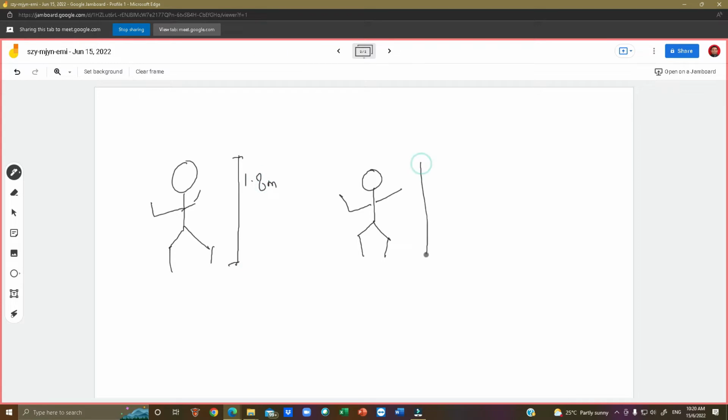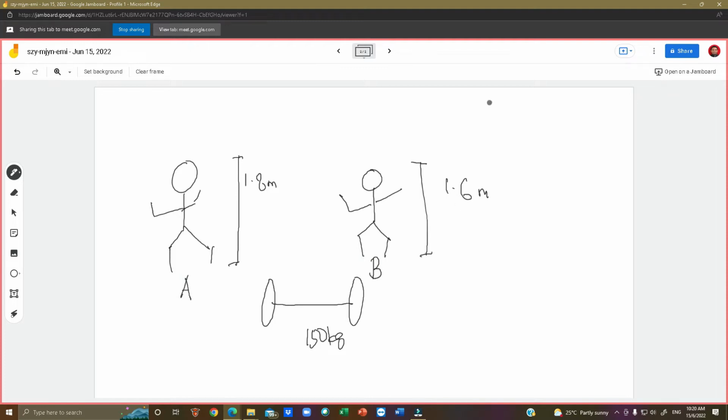The height of the second person is 1.6 meter. Okay, and these two try to lift up the same barbell weight at, let's say, 150 kg. Okay, now how much work being done by A? How much work being done by B?